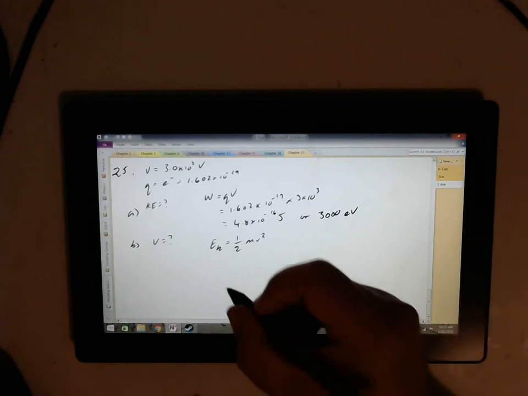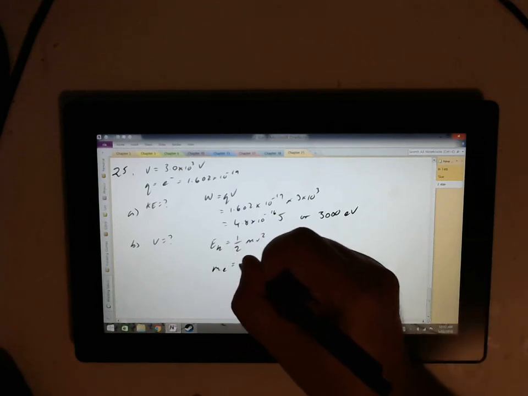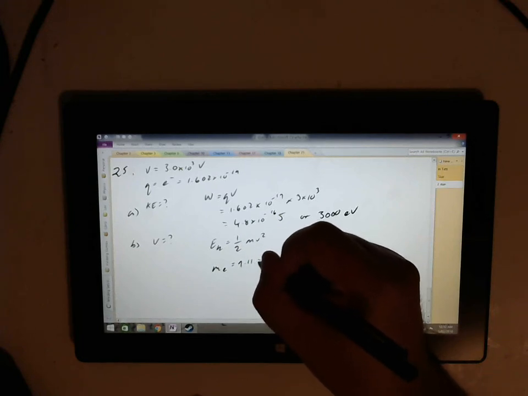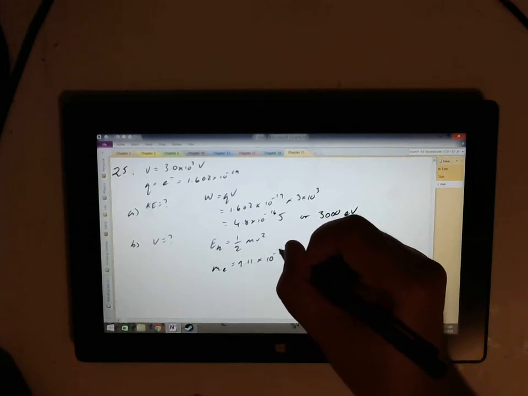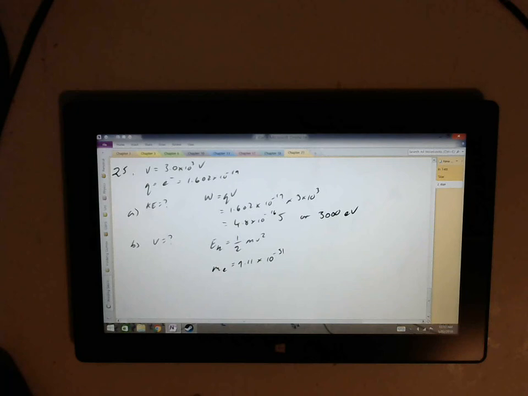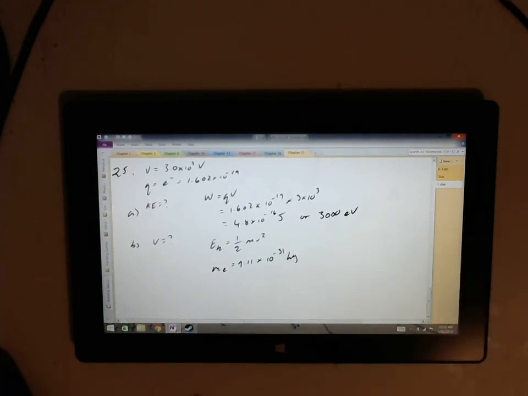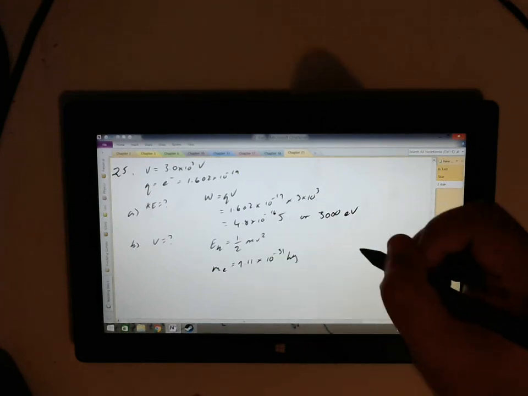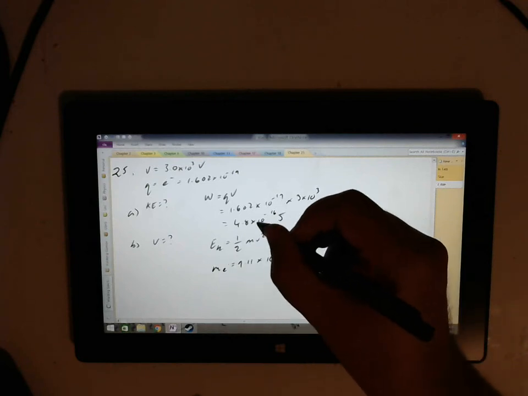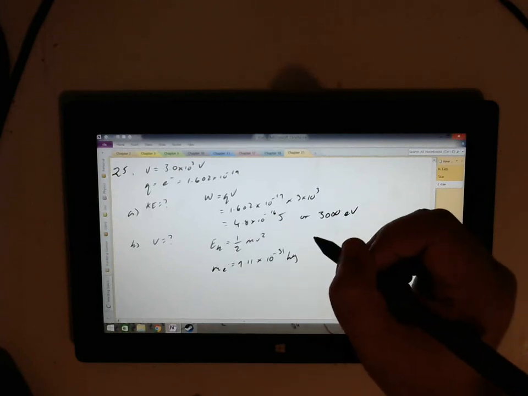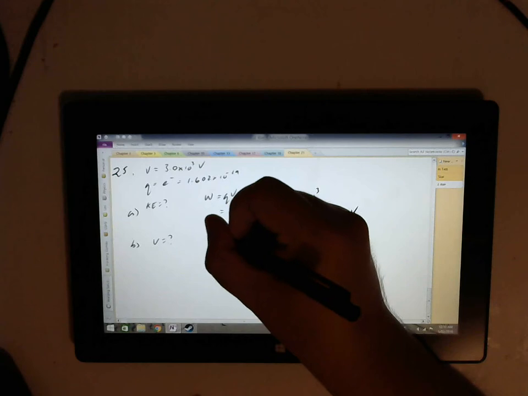Yes, so the mass of an electron equals 9.11 times 10 to the negative 31. Okay, this is something that would be provided to you on exams. It is a known constant of the universe, so it's not something that you would be expected to remember. However, the kinetic energy is the same thing as the work that has been done. Okay, so in fact, I'm going to put that there.